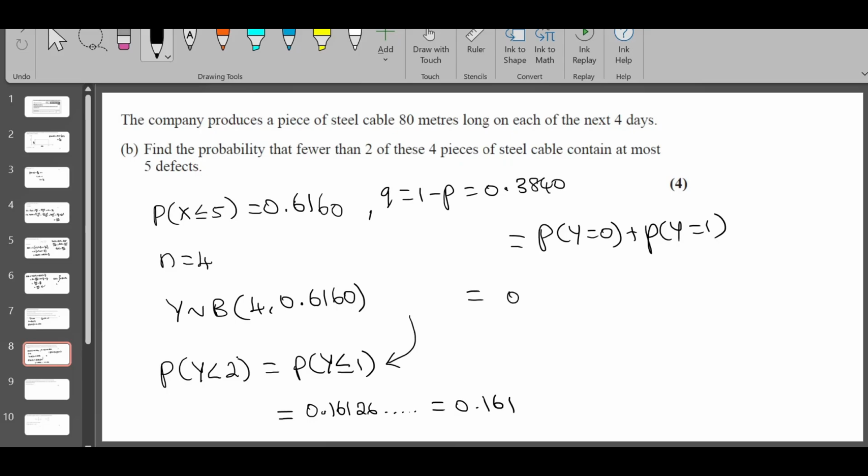So 0.3840 power n minus 0, plus, when this is 1, 4C1, p power 1, q power 4 minus 1. You calculate this and write the answer. So it's a 4 mark question, so it's better to show this working, otherwise they might reduce a mark.